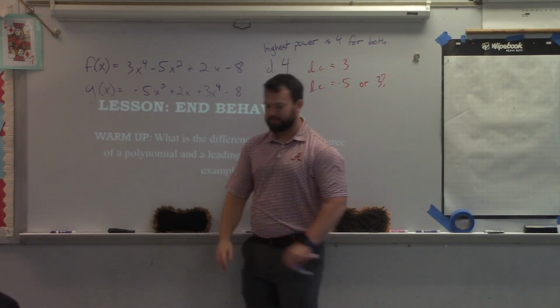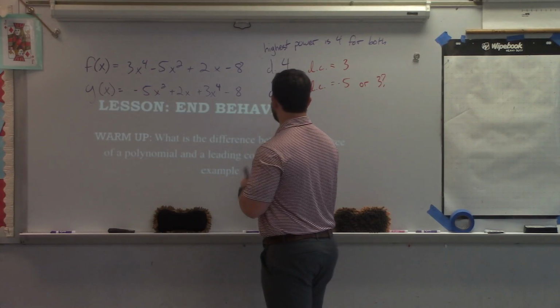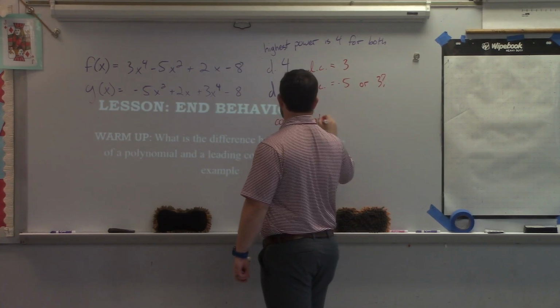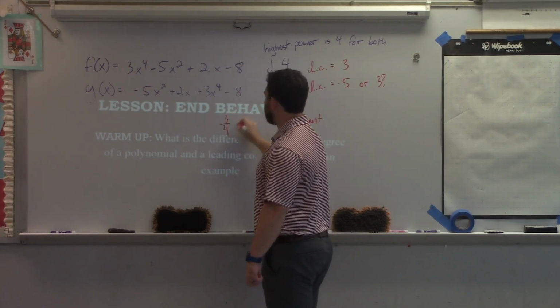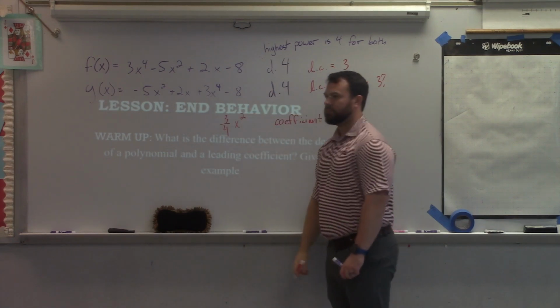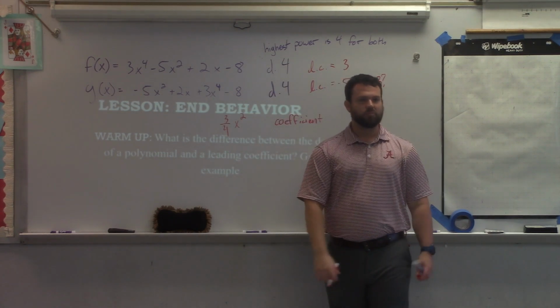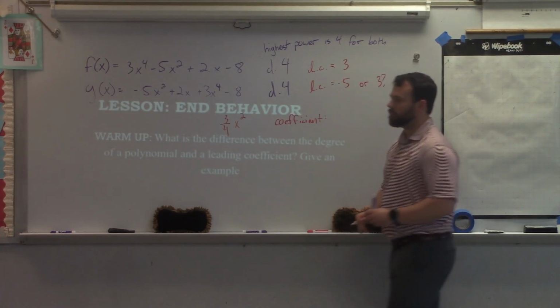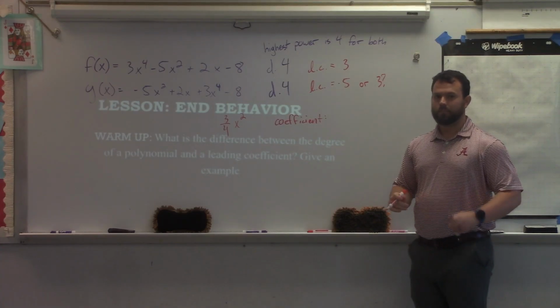Okay, so what's a coefficient? It doesn't have to be a whole number, so like in this case, what's my coefficient? 3/4, or 3 divided by 4, right? 3/4. So what is a coefficient? A number accompanying an x.